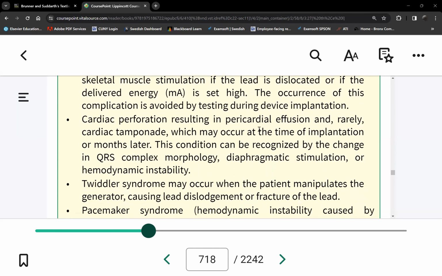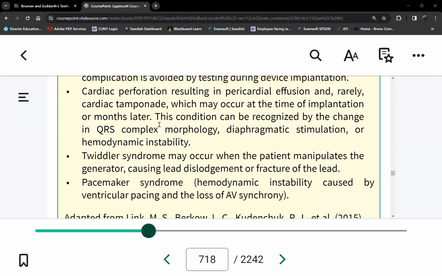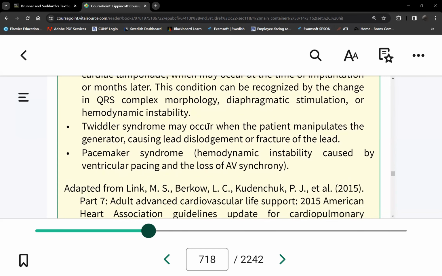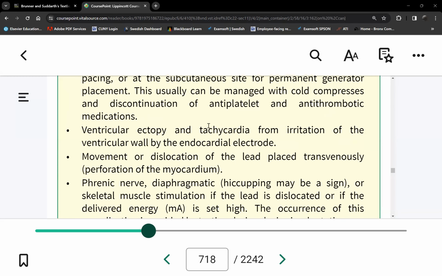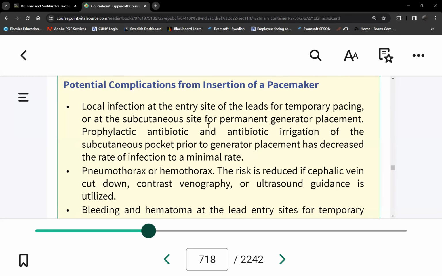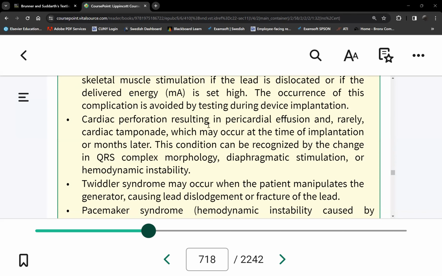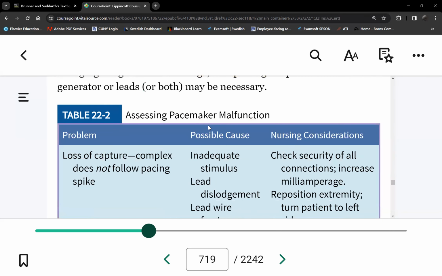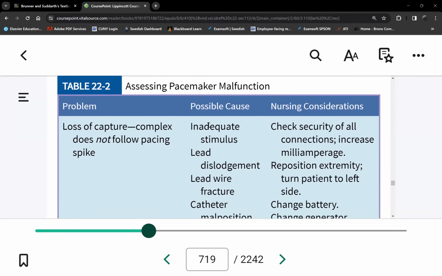What else is mentioned here? Cardiac perforation, tamponade. So a few complications related to the insertion and the device. The other chart, it's not this table. You can disregard this table because we're not responsible for this anyway. It's the doctor that's responsible for this table.